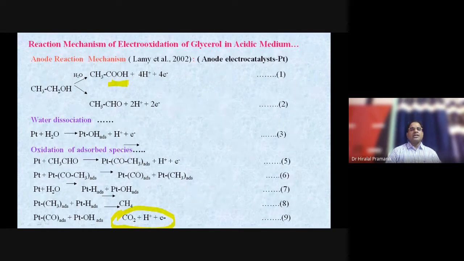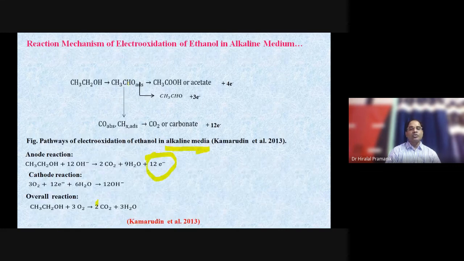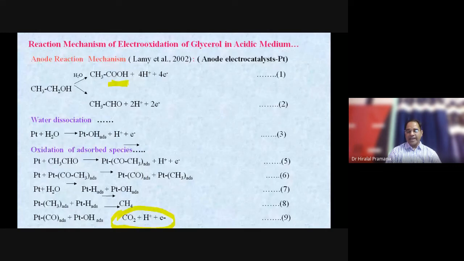That means the present platinum catalyst is not suitable to split the ethanol completely to get CO2 as a final product. If CO2 were the final product, we could have 12 electrons from the reaction, but that is not possible.